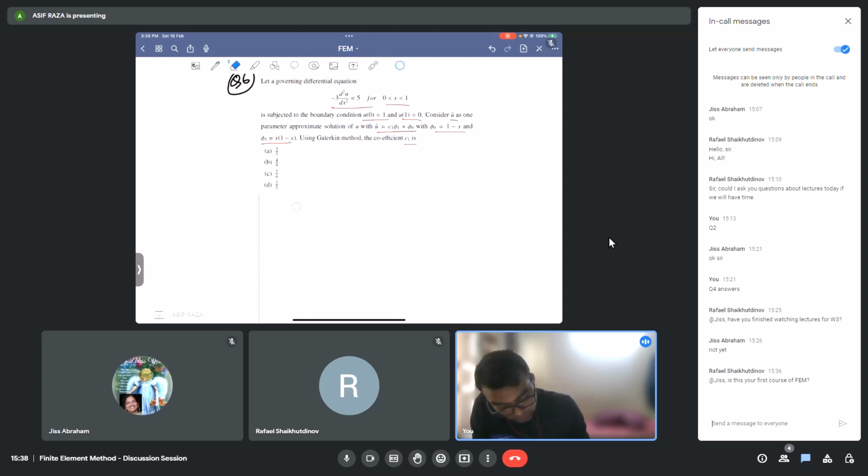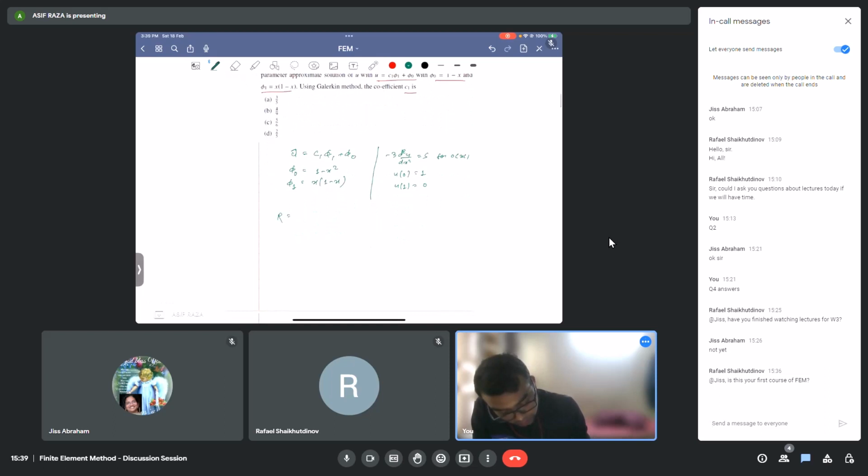So okay, we have u hat as c1 phi 1 plus phi naught, phi naught as 1 minus x and phi 1 as x times 1 minus x. We have the governing differential equation as minus 3 d square u by dx square equal to 5 for x from 0 to 1 with boundary condition at 0 it's 1, at 1 it's 0.